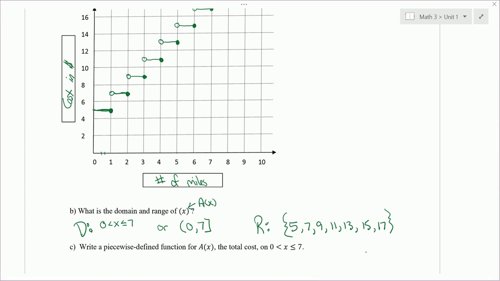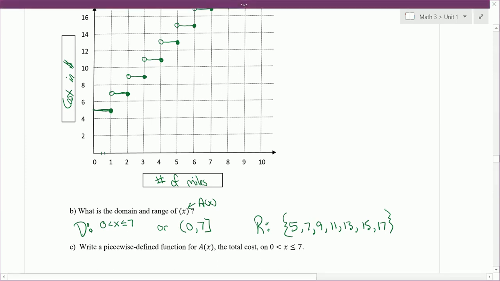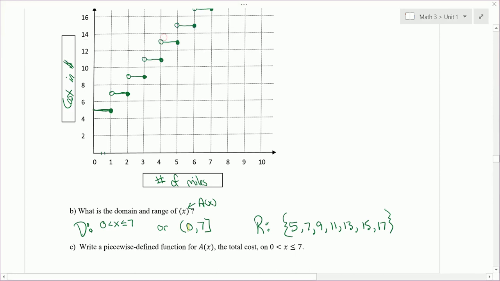And to check your understanding, are there more numbers in this interval 0 to 7, or are there more numbers listed here, 5, 7, 9, 11, 13, 15, and 17? And you should know that there are a lot more numbers in the interval 0 to 7.